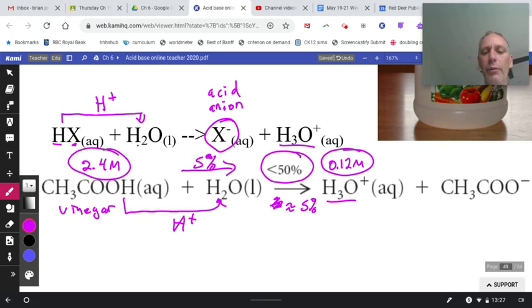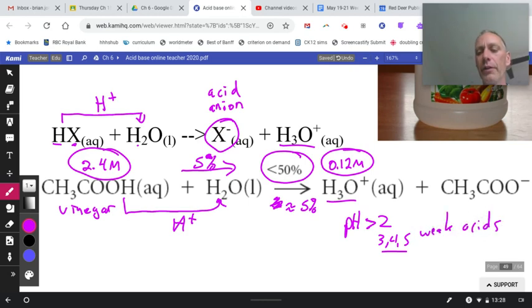That's why the pH, which is a measure of the concentration of hydronium, is usually greater than 2. So often you'll see 3, 4, 5 as the pH for weak acids. That is dependent upon the concentration, but also the percentage of reaction.